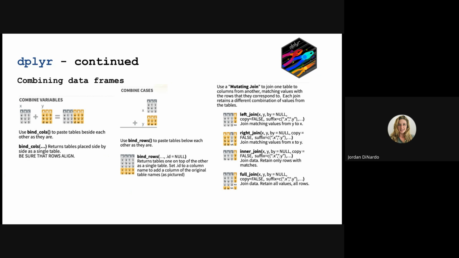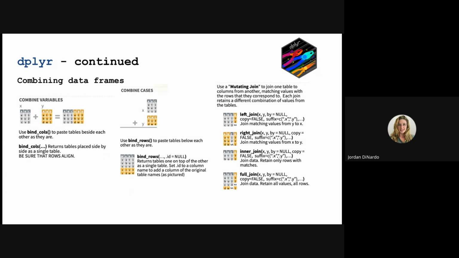Left join and right join keep whatever is in that argument. So left join keeps all cases in X and only cases in Y that match X, and vice versa with right join. Inner join, hopefully now you're catching on, is only those cases that are seen in both X and Y. And then finally, full join.